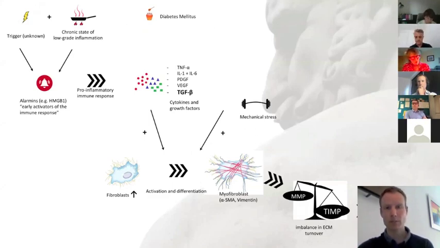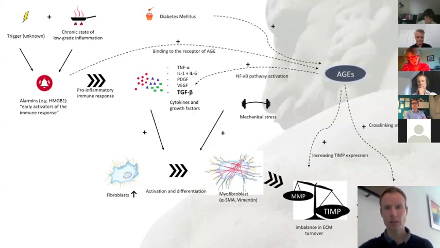And lastly, I've explained the role of the advanced glycation end products. In diabetes, the formation of advanced glycation end products is enhanced with pathological cross-linking of collagen fibers. And more, AGE ligands bind to the receptor of AGE, and AGEs stimulate the formation of transforming growth factor beta 1.